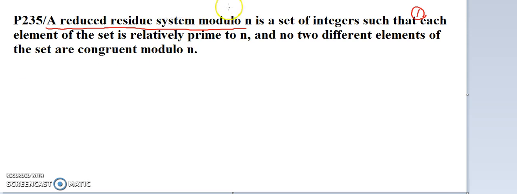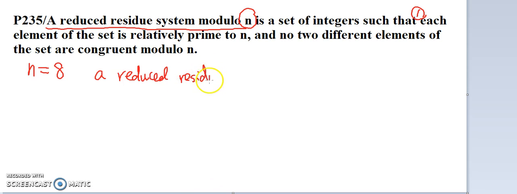So for example, let's say n is equal to 8, and we're looking for a reduced residue system modulo 8. The answer will be a set of numbers. What kind of numbers will be in the set?